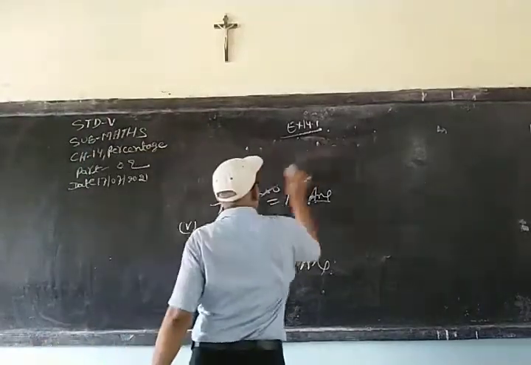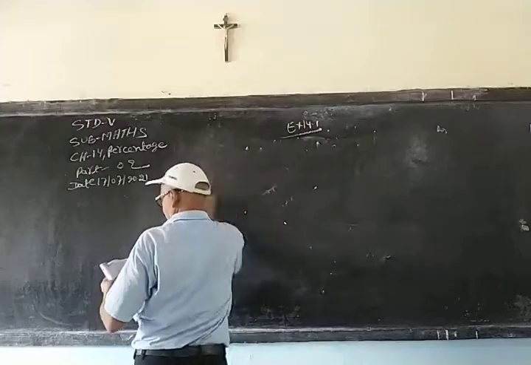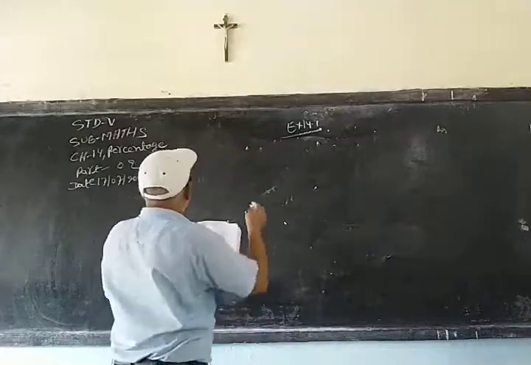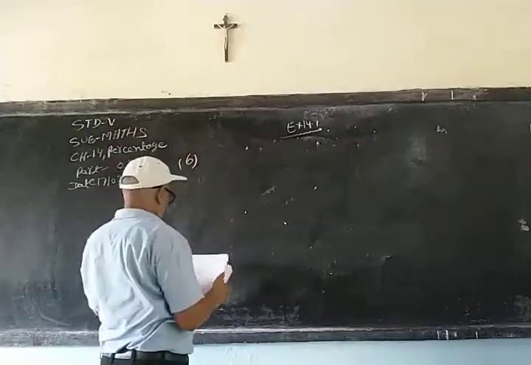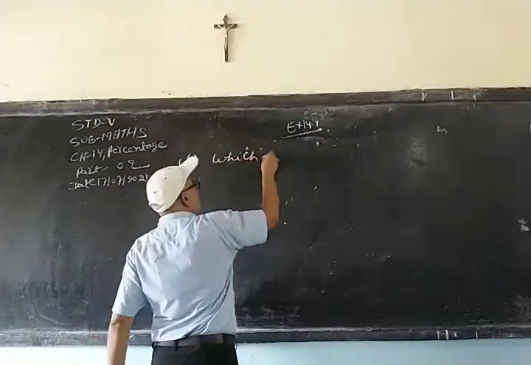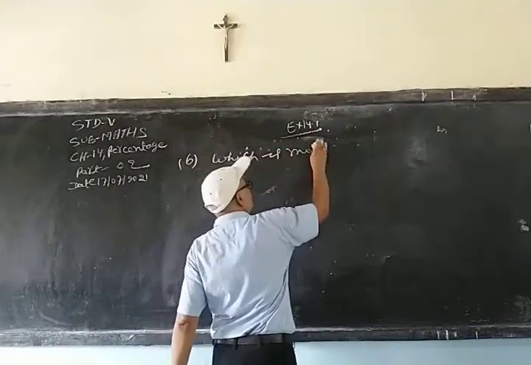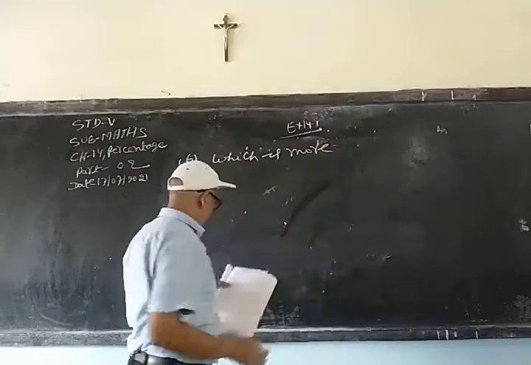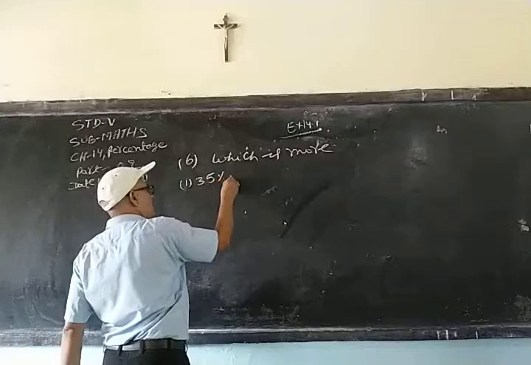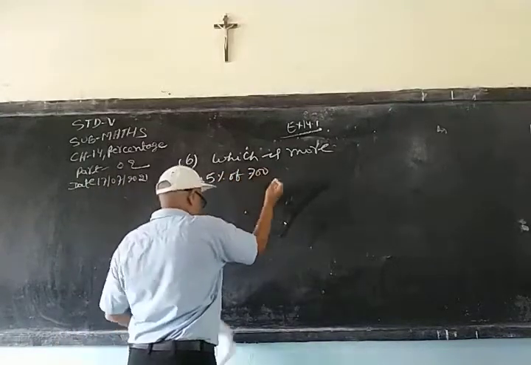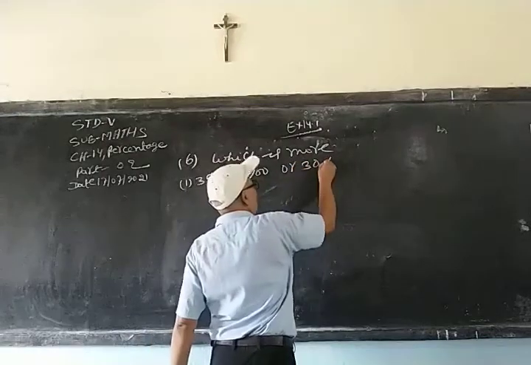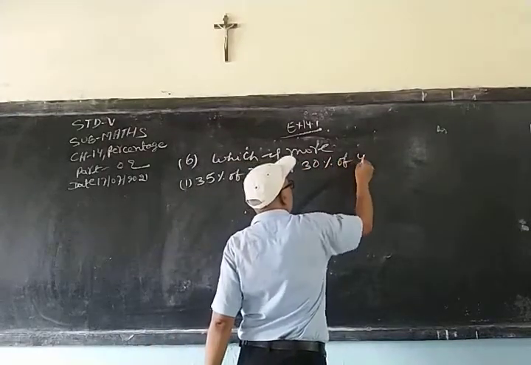Now 6. Which is more? First is 35% of 700 or 30% of 400.